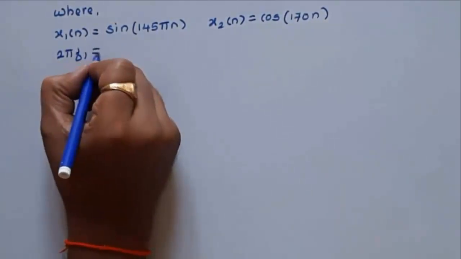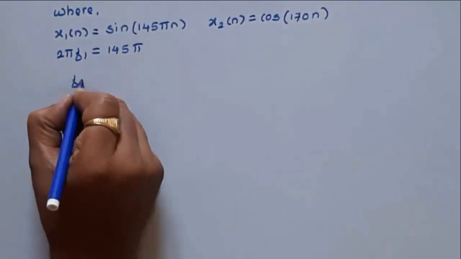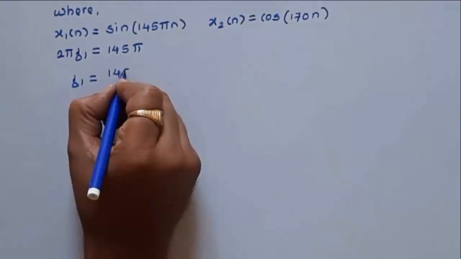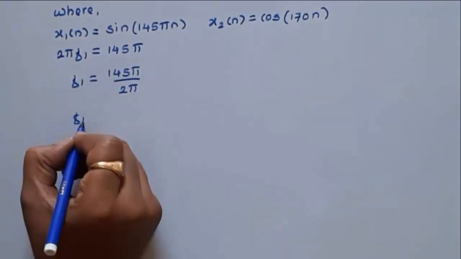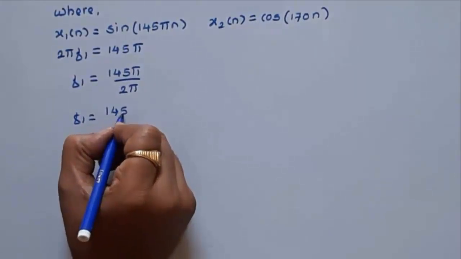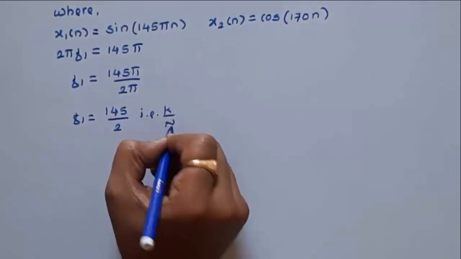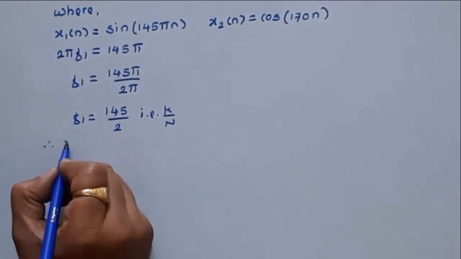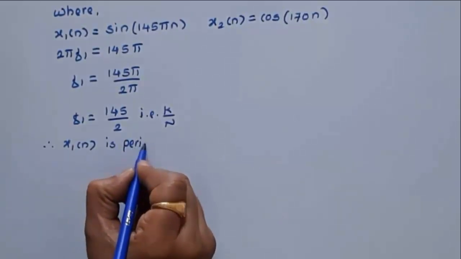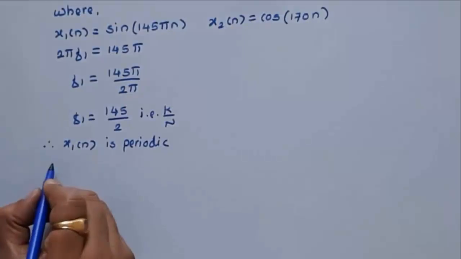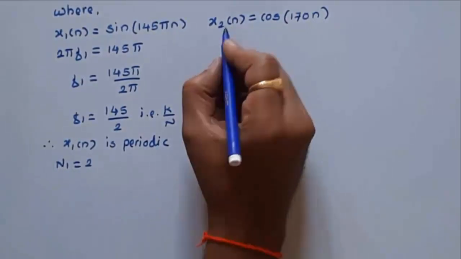For x1 of n, 2 pi f1 is 145 pi. Simplifying for f1, we will get f1 is equal to 145 by 2, that is a ratio of integers k by N. Therefore, x1 of n is periodic with period N1 is equal to 2 samples per cycle.